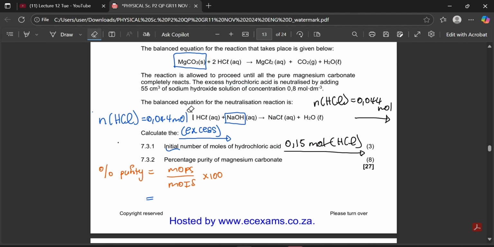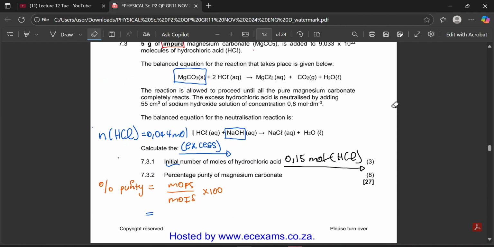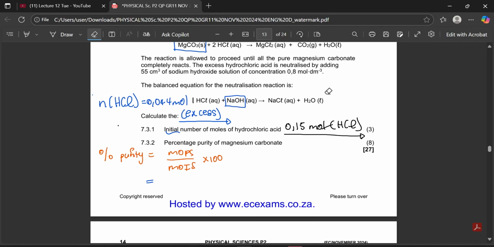So it's a very important thing to consider. Okay, so what do we do? How do we get the number of moles that actually reacted with magnesium carbonate? The number of moles that reacted with magnesium carbonate should be the number of moles initial minus the number of moles that were in excess. Now think about it: the total is equal to what reacted and what was left, right?